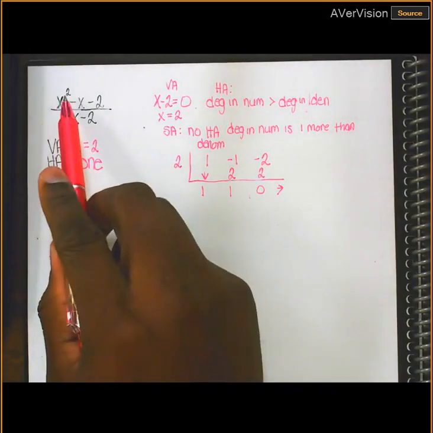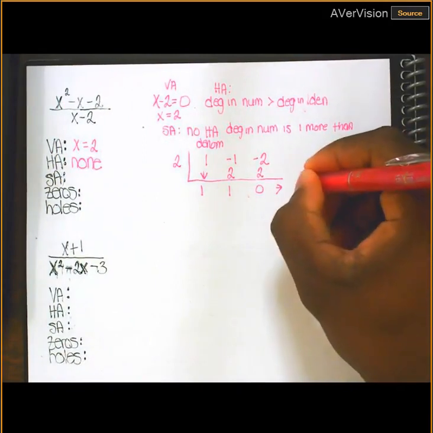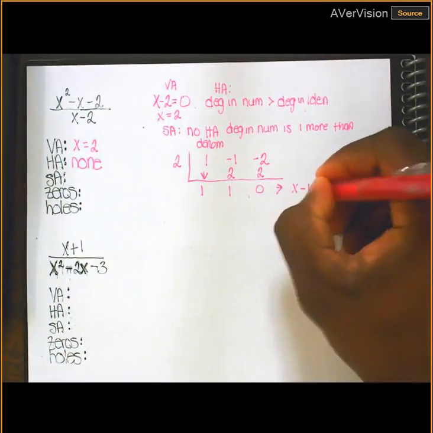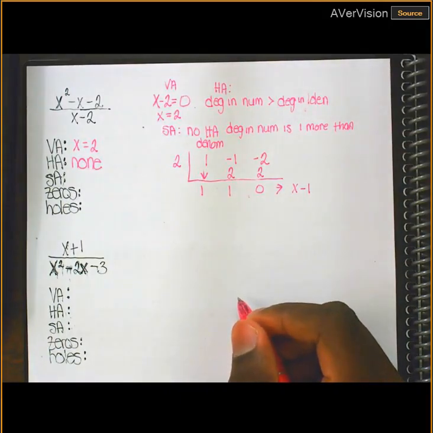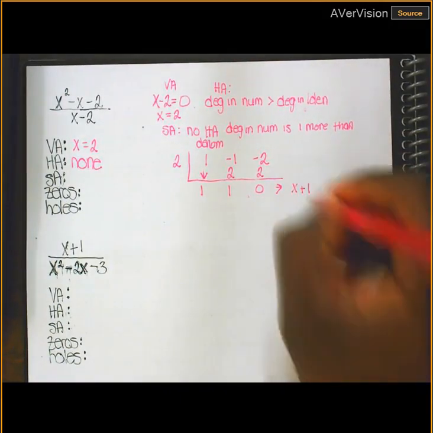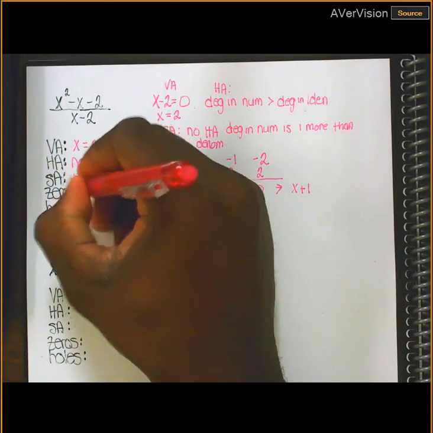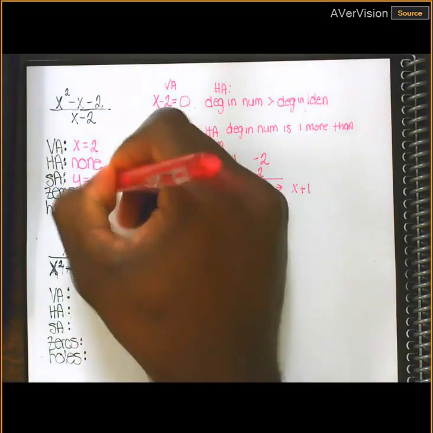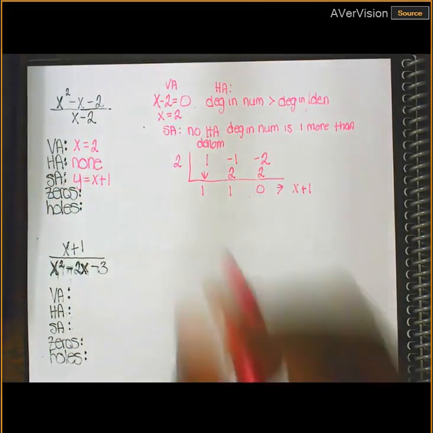We started with x squared, so this one is going to start with x. And we get x minus 1. Sorry, x plus 1. So our slant asymptote is y equal to x plus 1. Any questions on that one?